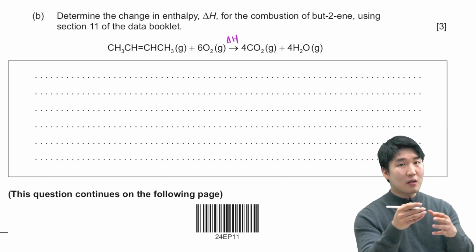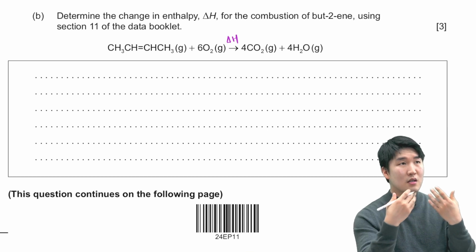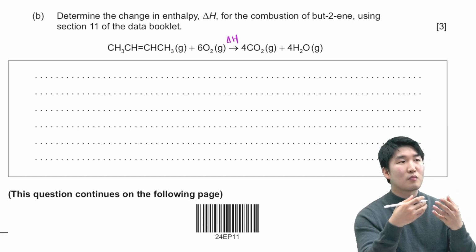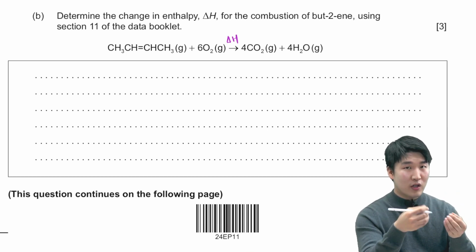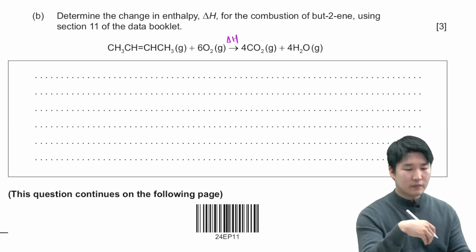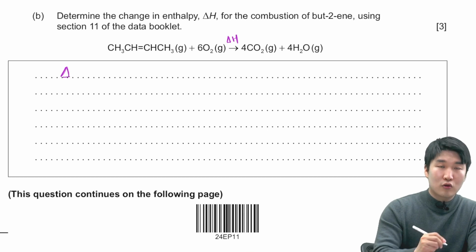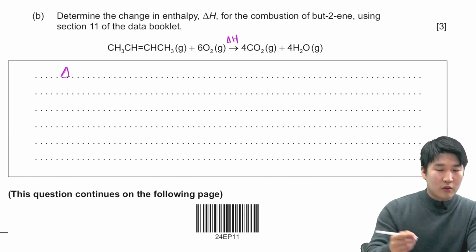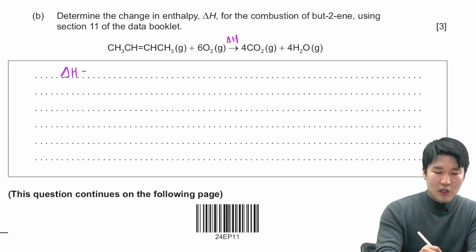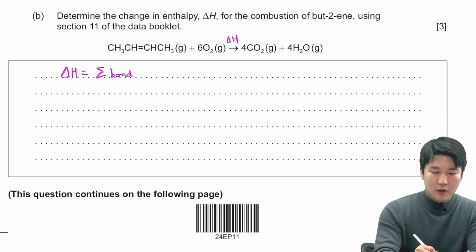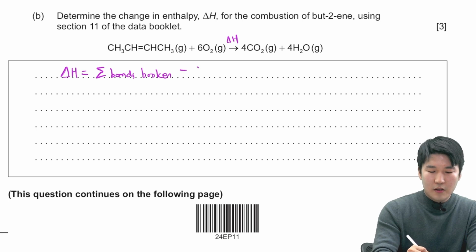Which means the bond enthalpy values for products will be negative, and the bond enthalpy values for the reactants will be positive. So delta H will be the sum of the two bond enthalpies, meaning delta H equals the sum of bonds broken minus the sum of bonds formed.